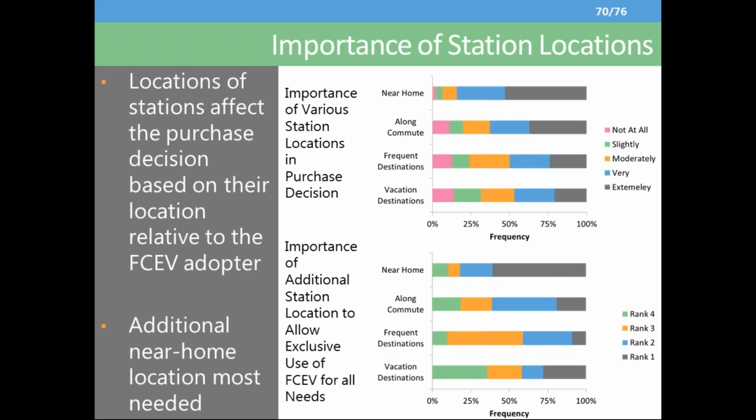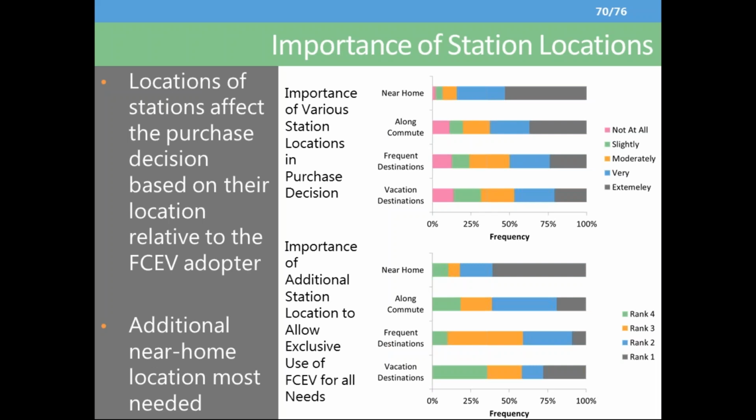And again, near home was most commonly selected as extremely important and very important. It seems to be far and away the most important in the purchase decision in particular. And that's what's really important about this top graph, followed then by along the commute, and then the frequent errands and vacation destinations.